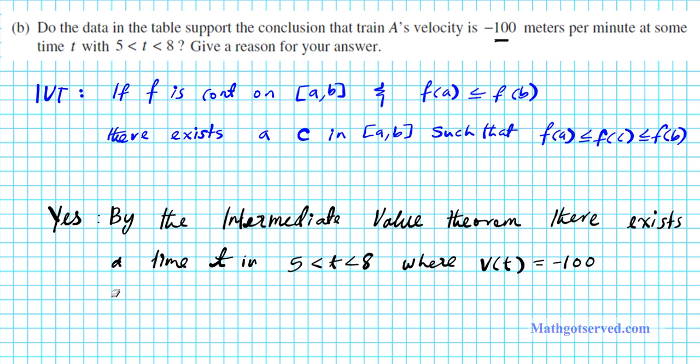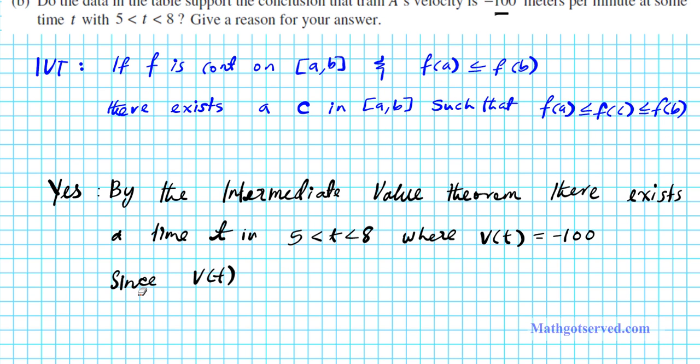Why? Since v of t, a velocity function, is a continuous function in this situation, it's continuous on that interval 5 to 8, and v of 8 is less than v of 5. It's kind of reversed here.